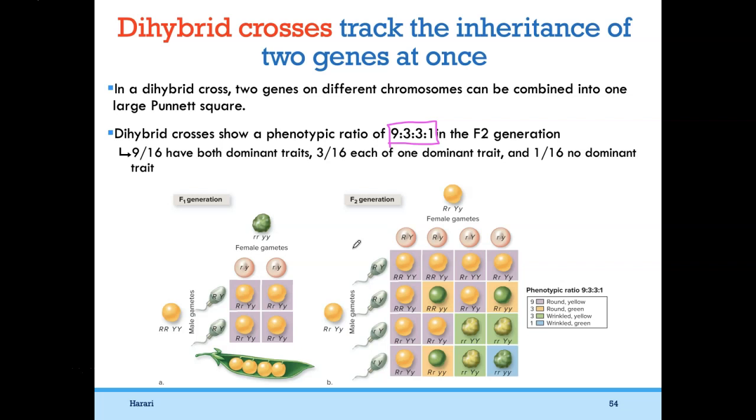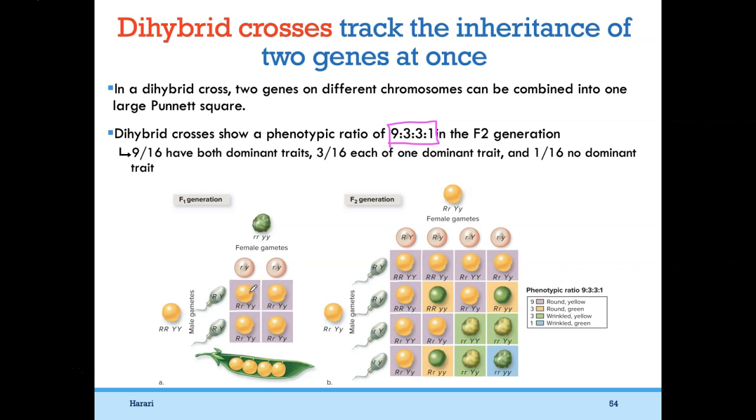I want you to understand the ratios and how we got to them. So in this original cross, we took the two pure breeding plants. One was wrinkled and green, so little r, little y, and a male plant that was big R, big Y. And like I said, all these male sperm can only be big Y and big R. All these female eggs can only be little r and little y.